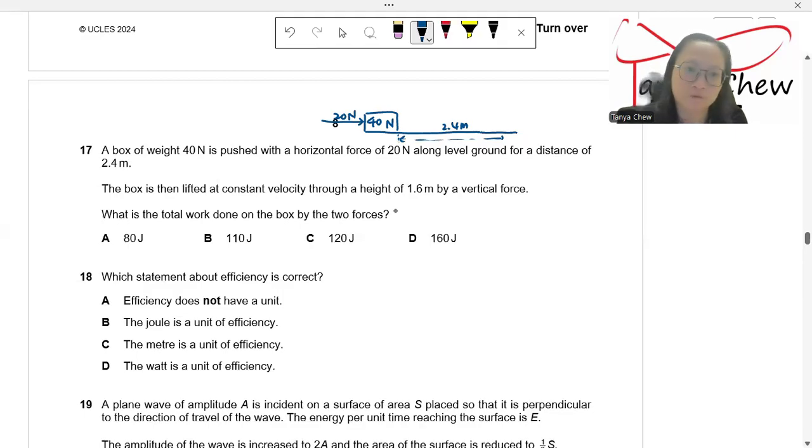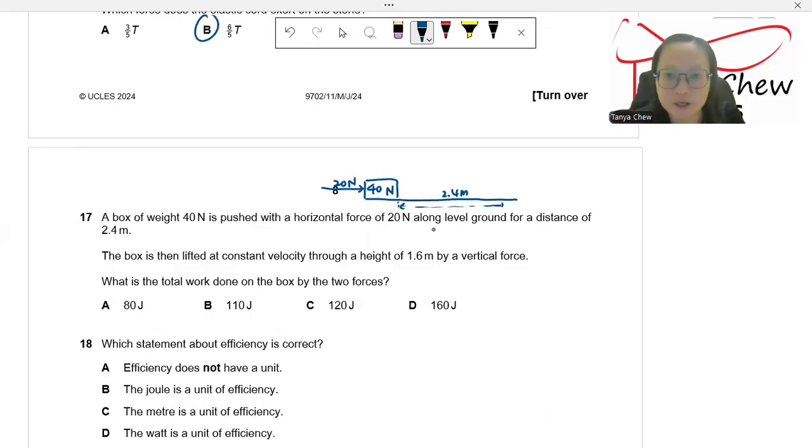The box is then lifted at constant velocity through a height of 1.6 meter by a vertical force. What is the total work done on the box by the two forces?